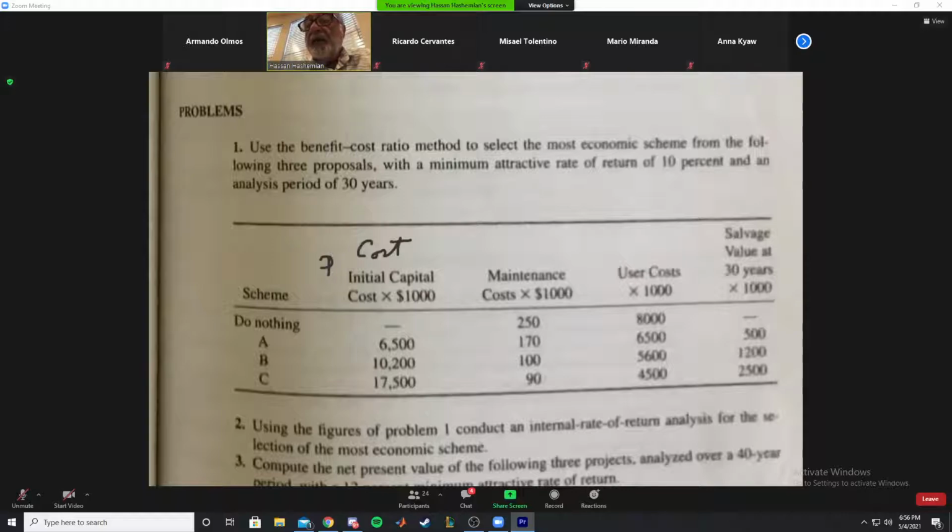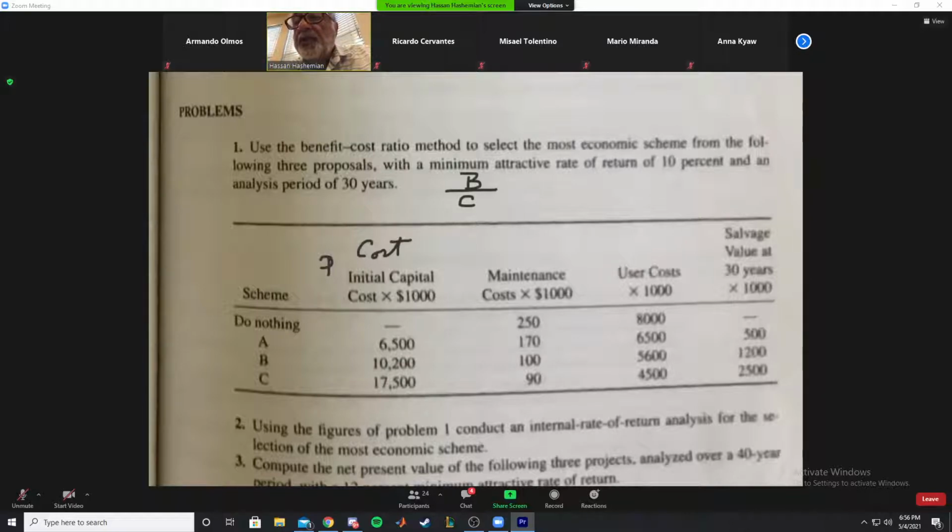The maintenance cost also is a cost. User cost is always a cost. And salvage value is the amount that you receive at the end. So if you consider all of them a cost, what would be the benefit? Because in the benefit cost ratio, we have to find the benefit over the cost. Okay, we have to get this ratio.